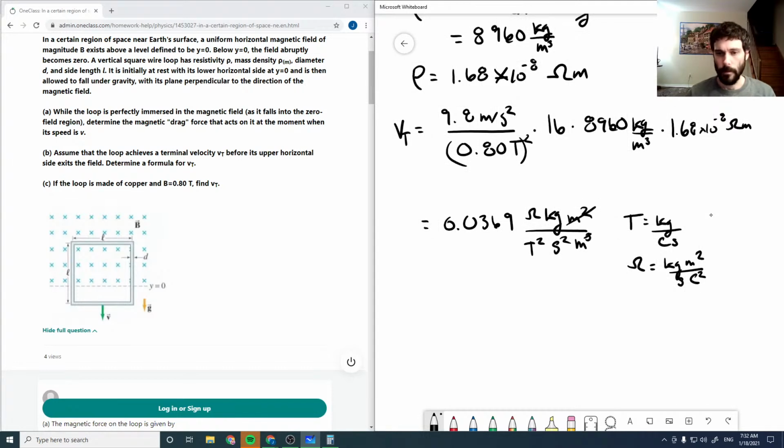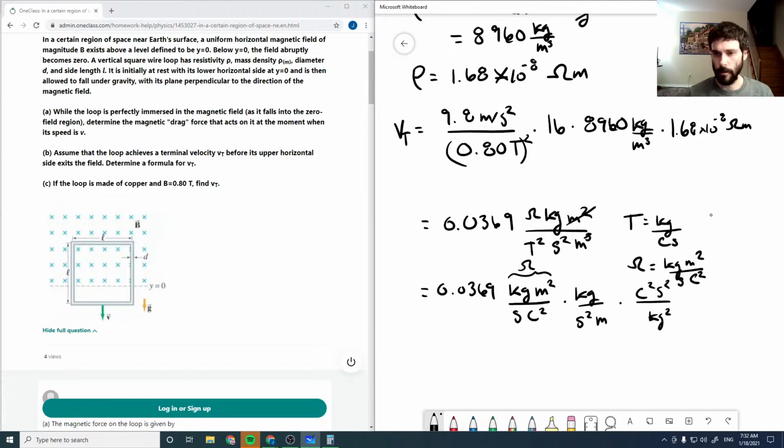So then this is 0.0369 kilogram meters squared per second coulomb squared times kilogram per second squared meters times coulomb squared second squared per kilogram squared. So this is the ohm unit. This is what's left, and this is the Tesla squared unit.